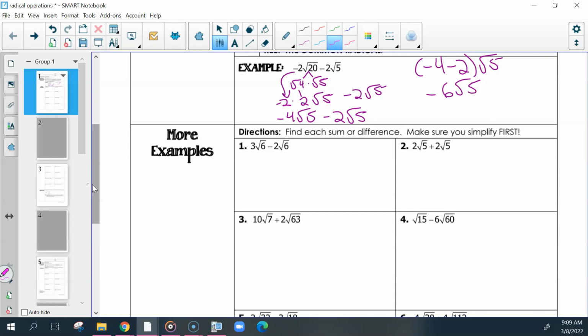We wouldn't have a pair of numbers, so that's going to stay square root of 6. So we can take 3 minus 2 times the square root of 6. This would be 1, or just the square root of 6. Questions on this so far?